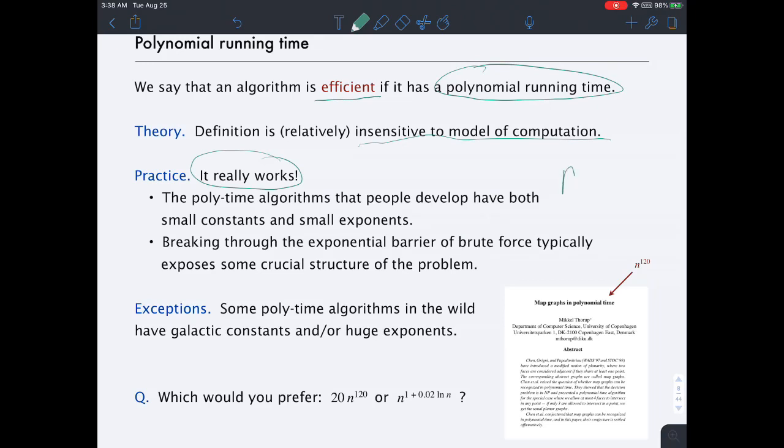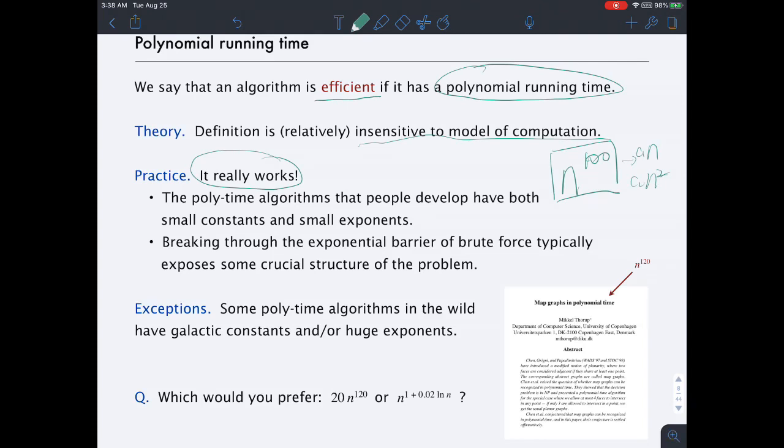I mentioned just now, even if you have an algorithm that's n to the 100, that's also considered efficient in theory, but in practice, it's quite unlikely that we come up with an algorithm with this kind of time complexity. It's more likely we come up with an algorithm with n square, like this kind of very small polynomials with small leading constants, right?